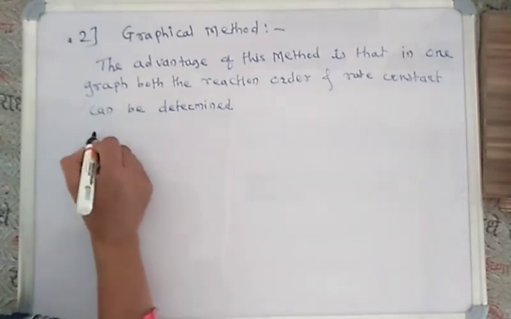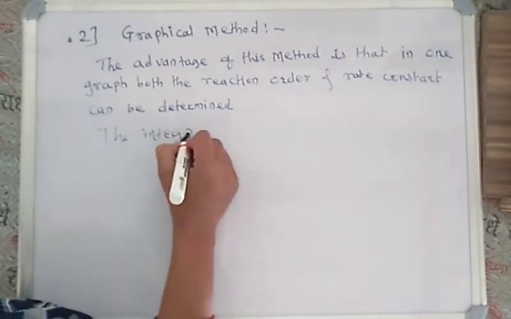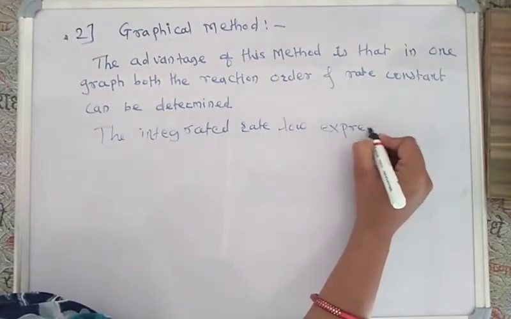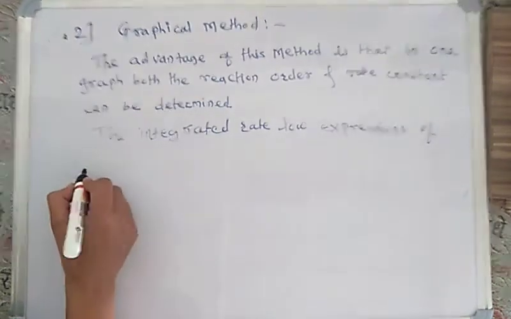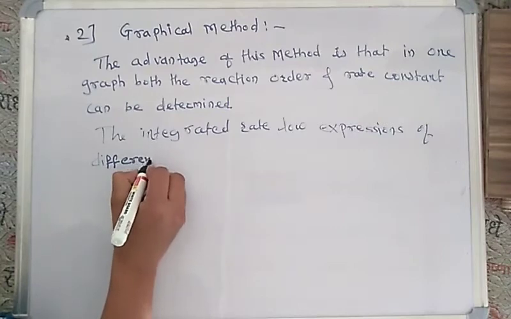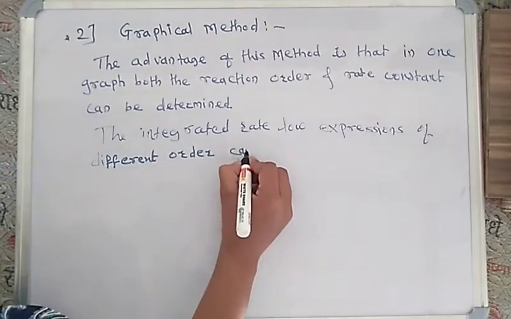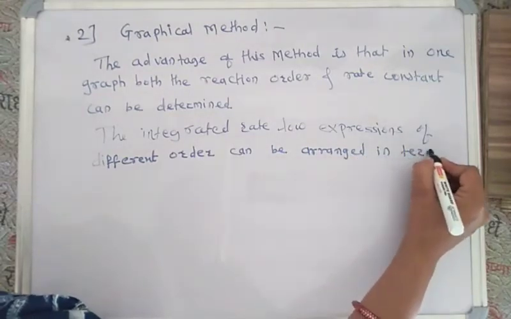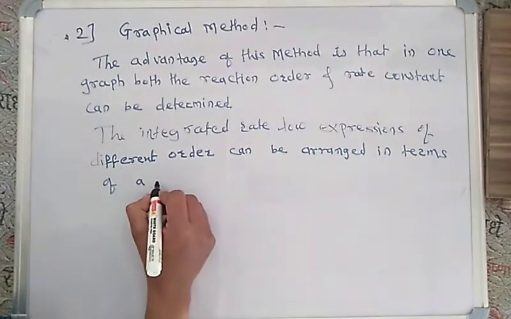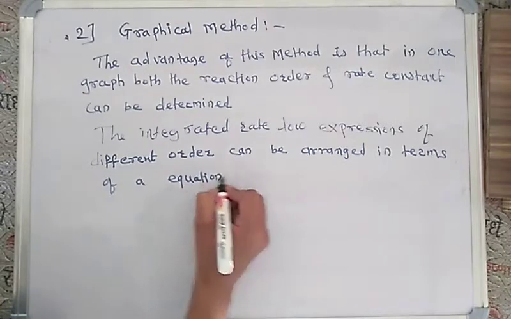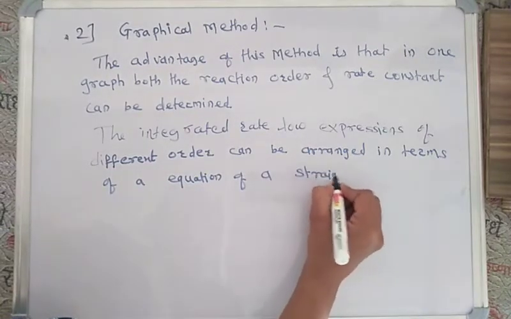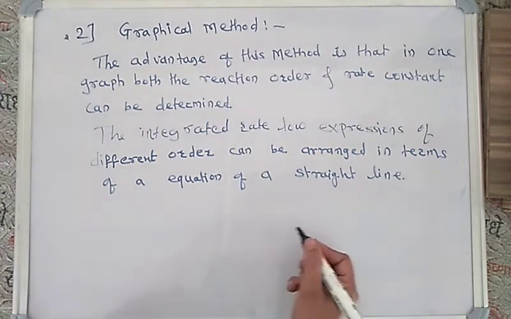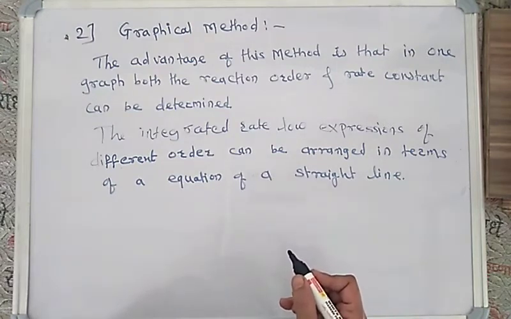Also, the integrated rate law expressions of different orders can be arranged in terms of the equation of a straight line, that is y equals mx plus c.